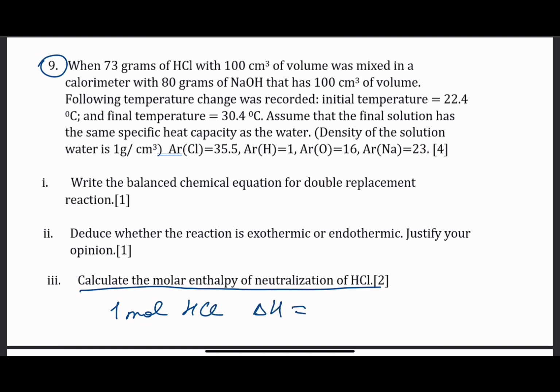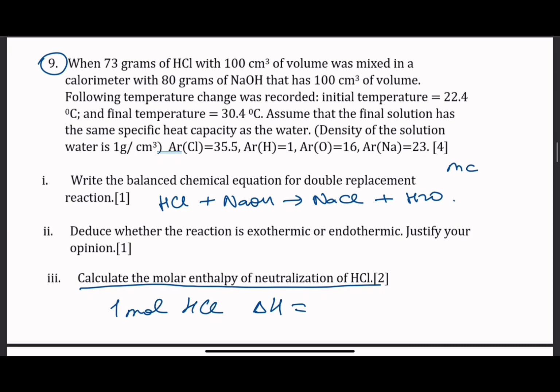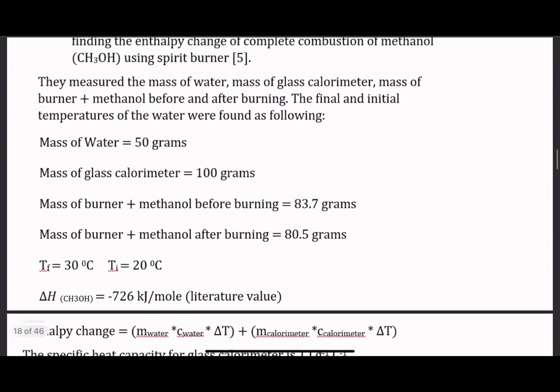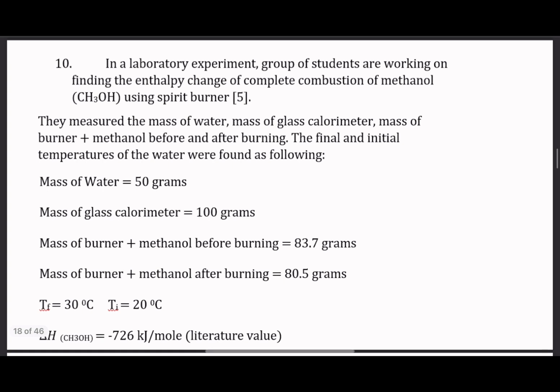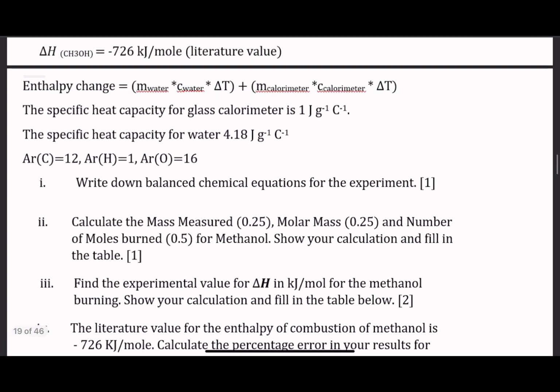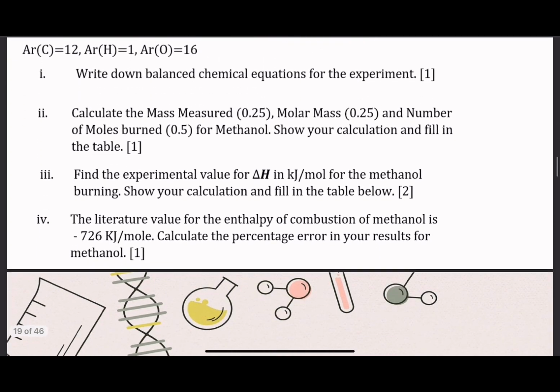But you need to write the reaction: hydrochloric acid plus sodium hydroxide gives you a neutralization reaction, sodium chloride and water. Then you will write everything here, MC delta T. In the laboratory we did this experiment, and I've done the solution of this too. So go through the thermochemistry question for this one too.